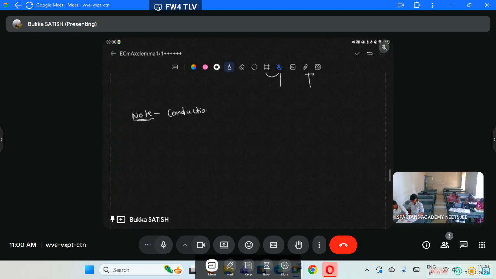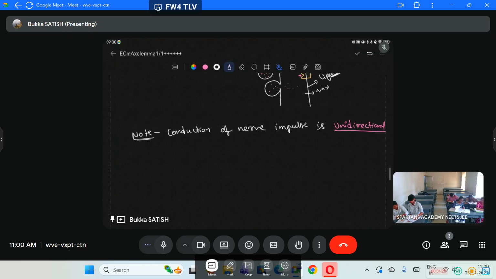Conduction of nerve impulse is unidirectional. Now, what does that mean? When you take an axon, one side is the cyton, the other side is the axon terminal. Is it clear? So the conduction of nerve impulse is only this way.